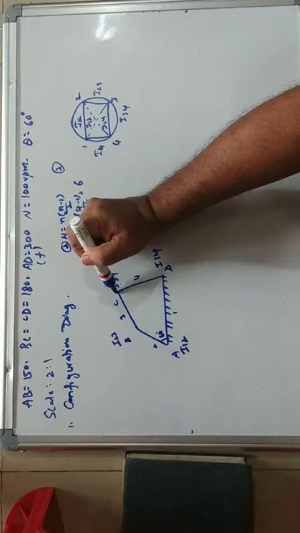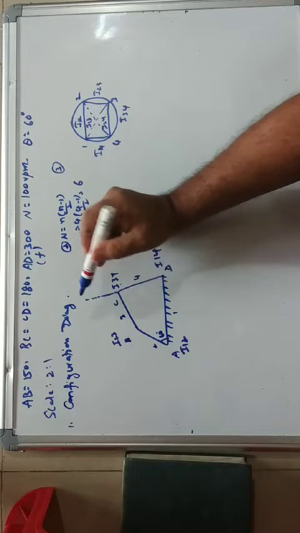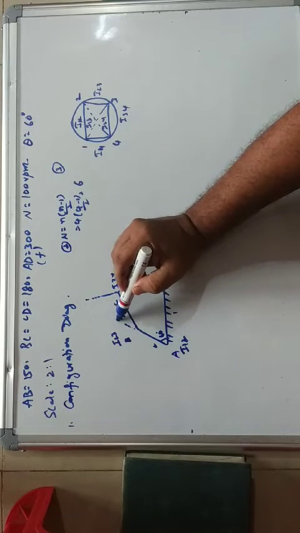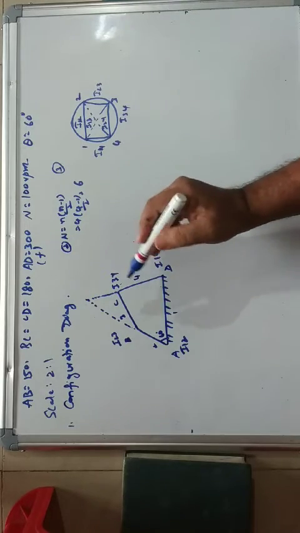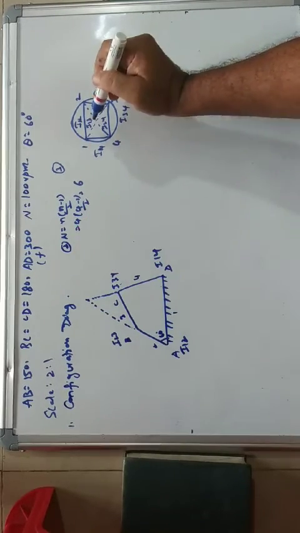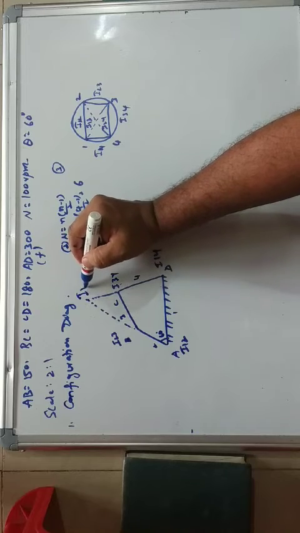So you extend 14-34 here, and you also extend 12-23. Where they meet, I am going to get I13.